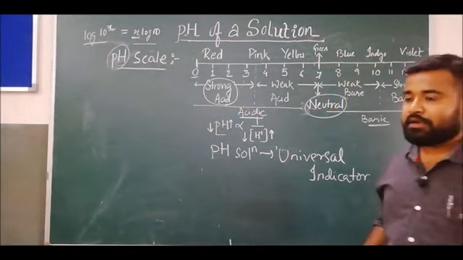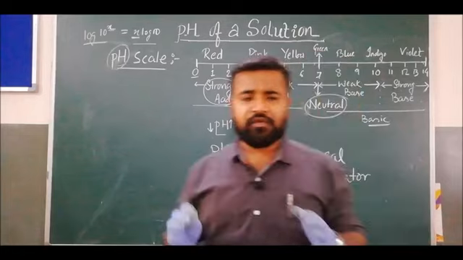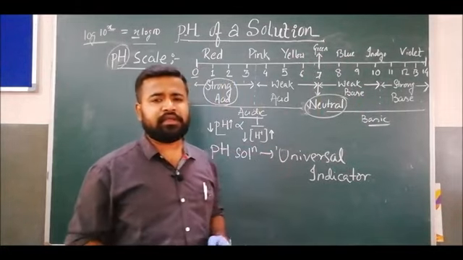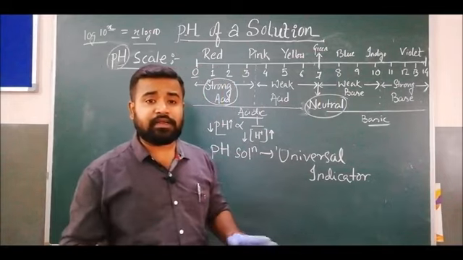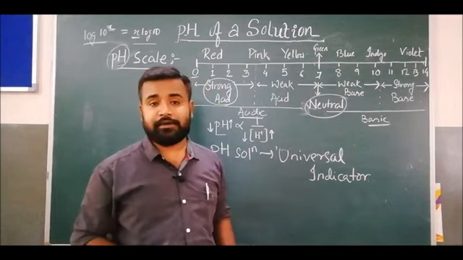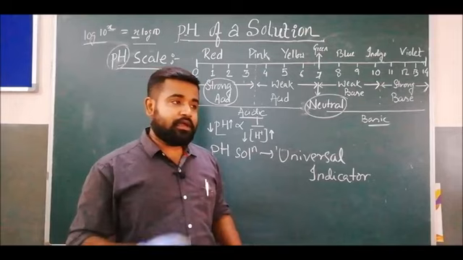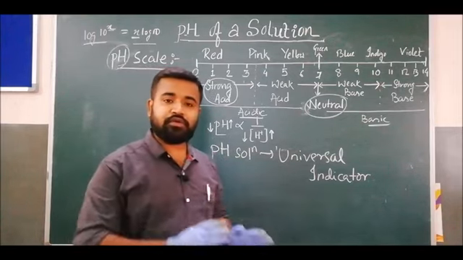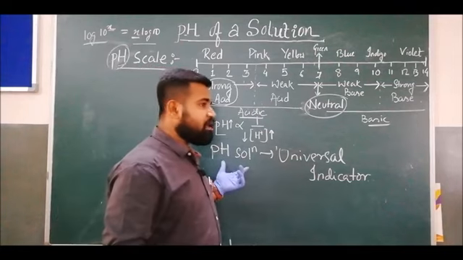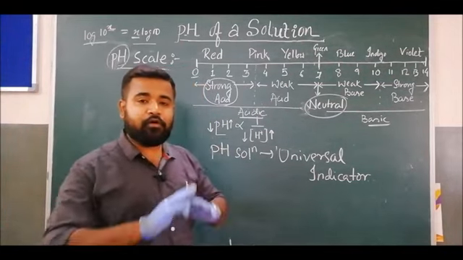Because litmus, turmeric, methyl orange, phenolphthalein can only distinguish between acid and bases. They cannot tell the exact strength of the acid or bases. They cannot tell whether it is a strong acid or weak acid, strong base or weak base.